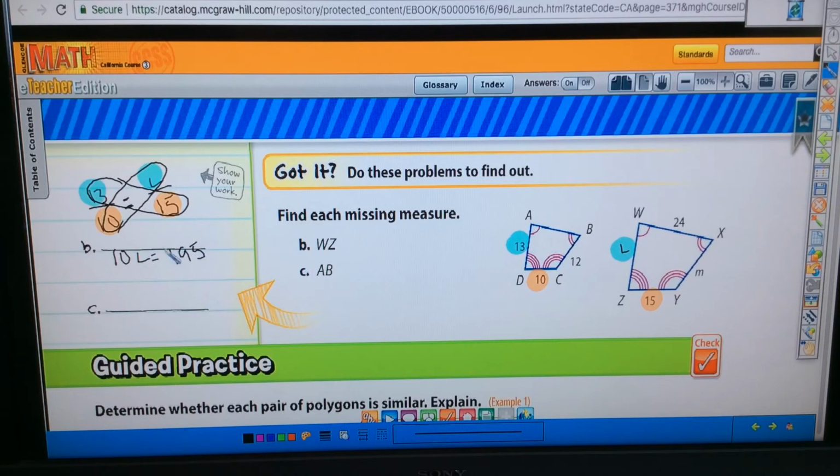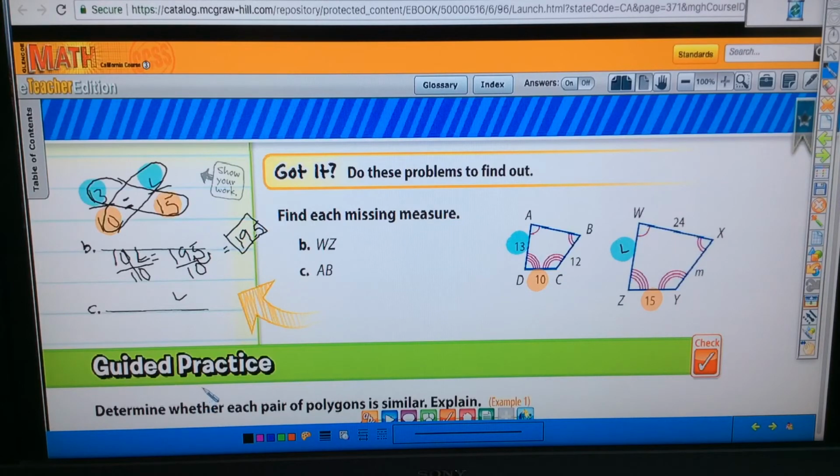Okay, so now we want to undo 10 times L, so do the opposite and divide. Go ahead and divide. And that is going to tell us that our missing side length is 19.5, right? If you're dividing by 10 here, you're just going to move the decimal point once. So L is 19.5.